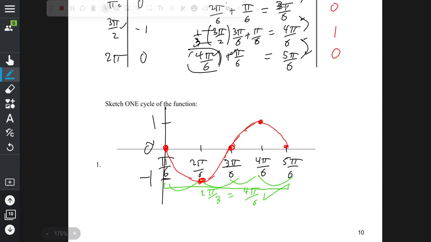There we go. And because this was reflected, we see the sine curve go down, mid, up, mid. And that's the opposite of what it would do if it wasn't reflected.